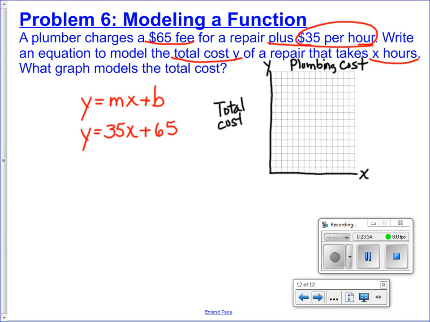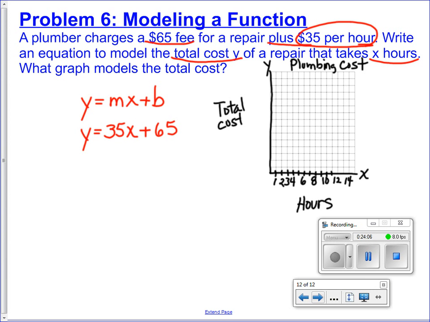All right, every graph should have a title. And then across the bottom would be our hours. Okay, so I believe on the bottom, I just want to go by ones. So 1, 2, 3. I'm going to start skipping because it's hard to make these numbers very small on the grid. So notice every line represents 1.